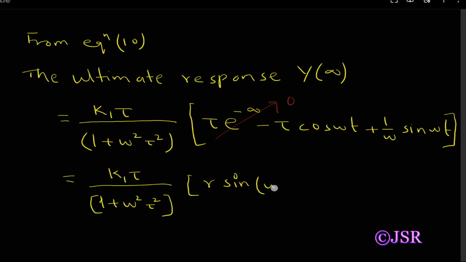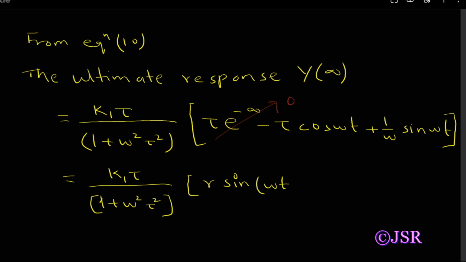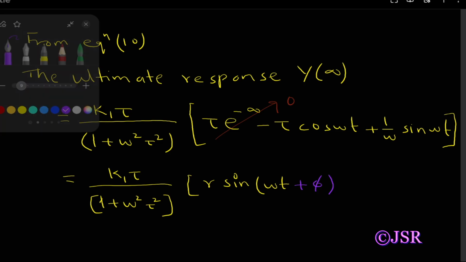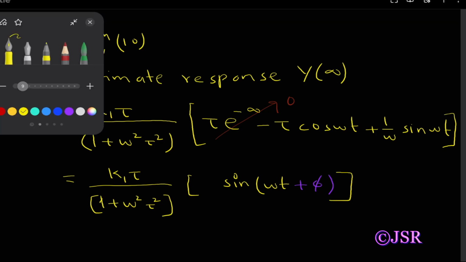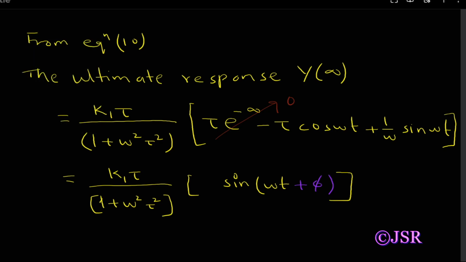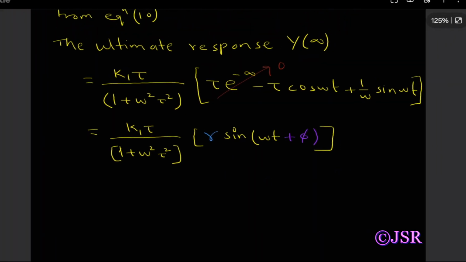And this can be written as r sin omega t plus phi. And this is r.